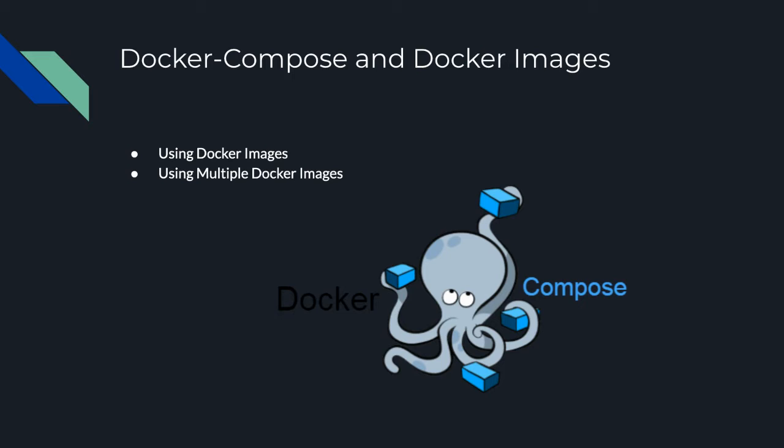Docker Compose and Docker images. This is the bread and butter to the project. Again, this is what makes it repeatable. This is what makes it efficient. Docker Compose allows me to combine a bunch of different Docker images in a single file, and then Docker handles creating all those containers from those images to my specifications.